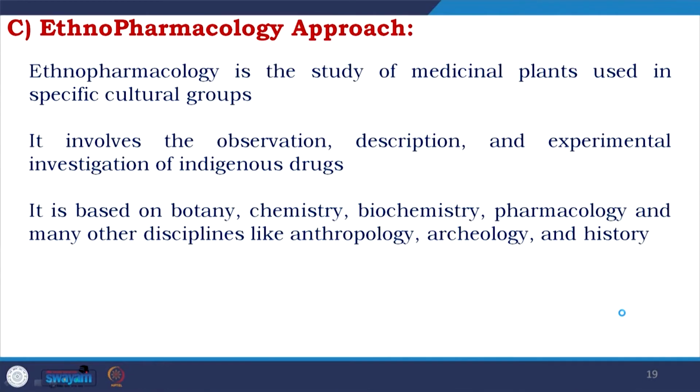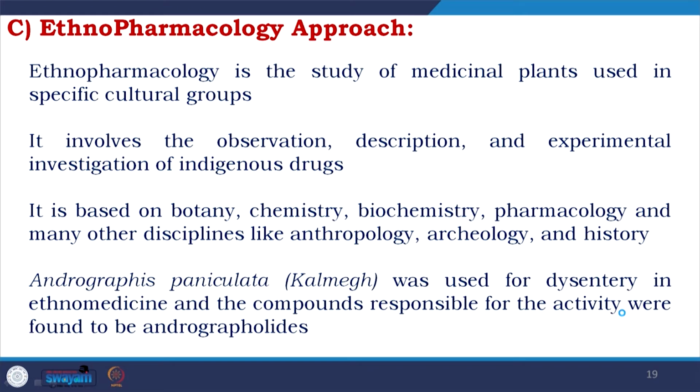So, it is based on botany, chemistry, biochemistry, pharmacology and many other disciplines like anthropology, archaeology and history. Andrographis paniculata, which we know in India as Kalmegh, was used for dysentery in ethnomedicine, and the compounds responsible for the activity were found to be andrographolides.